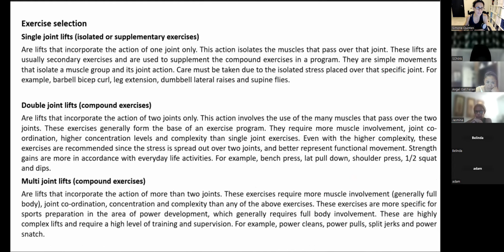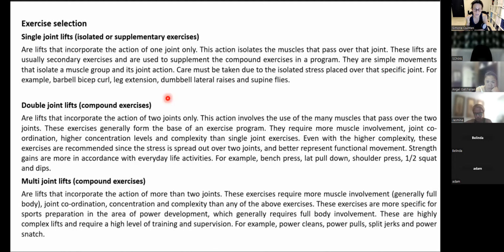All right, so then the exercise selection. You can use either single joint lifts, also called isolated lifts. As the name says, only one joint is involved.